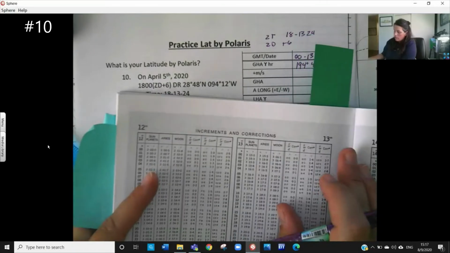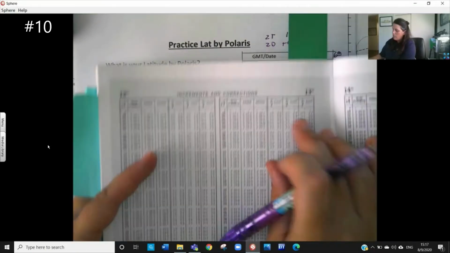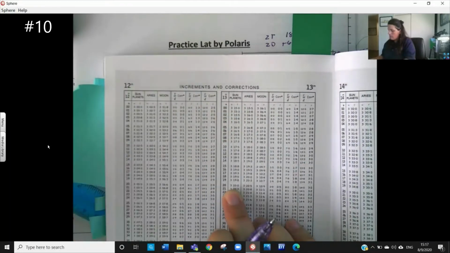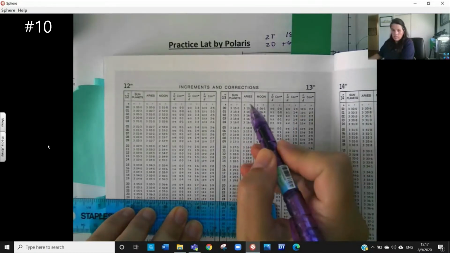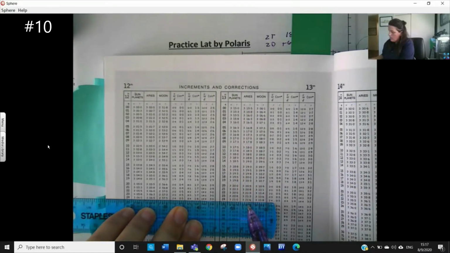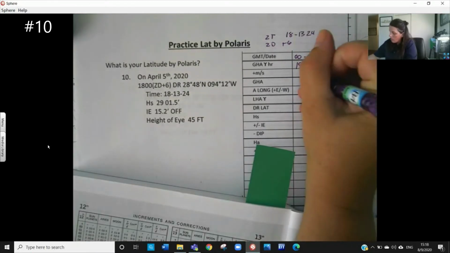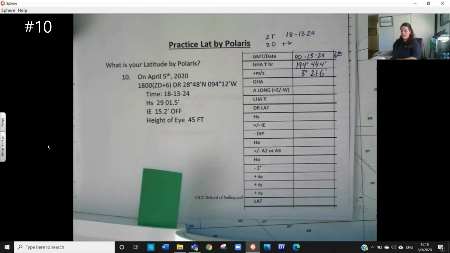So for 13:24, that was my time. So 13 minutes, 24 seconds under Aries, I get 3 degrees, 21.6 minutes. Now I can add these up.